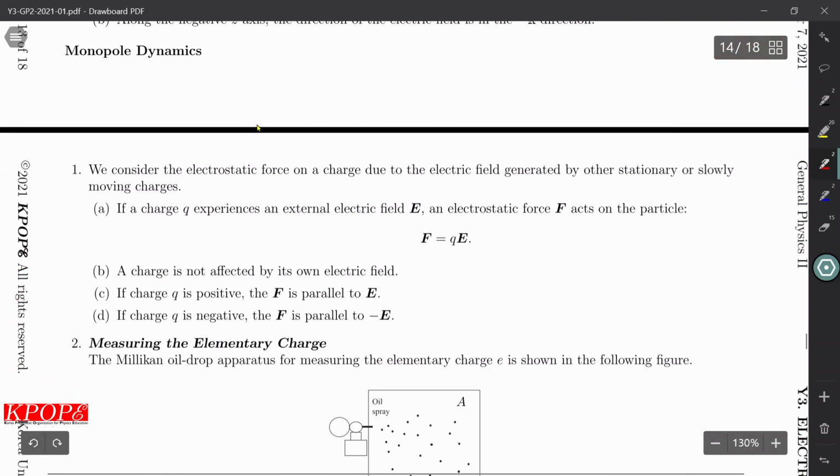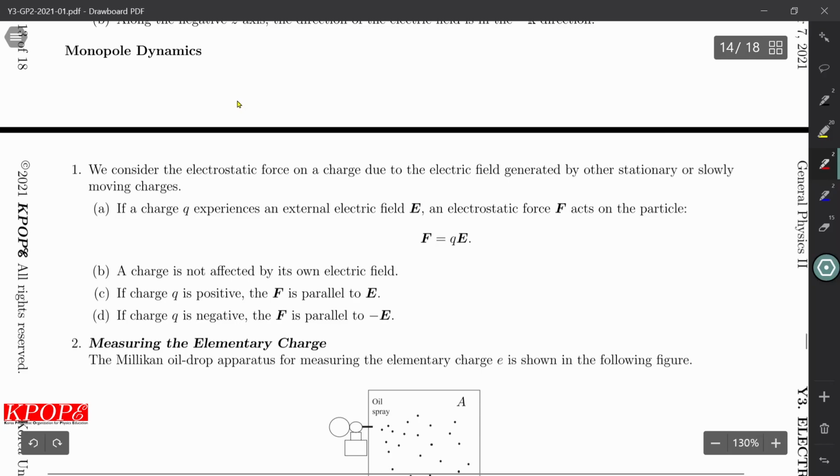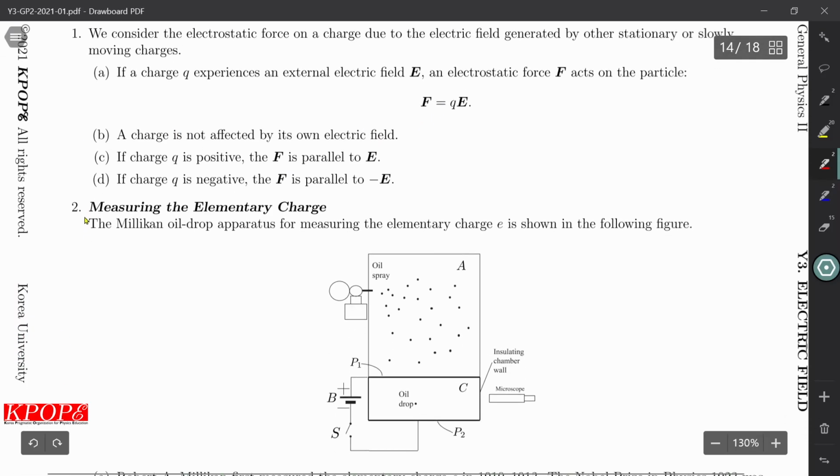Monopole dynamics. We consider the electrostatic force on a charge due to the electric field generated by other stationary or slowly moving charges. If a charge is under an electric field, the force is QE.